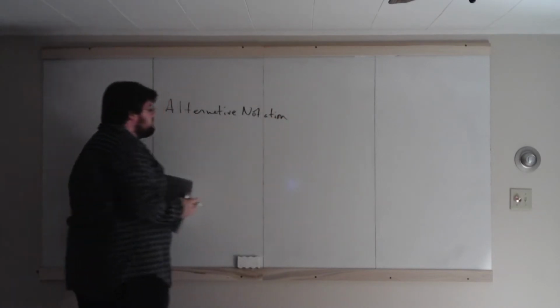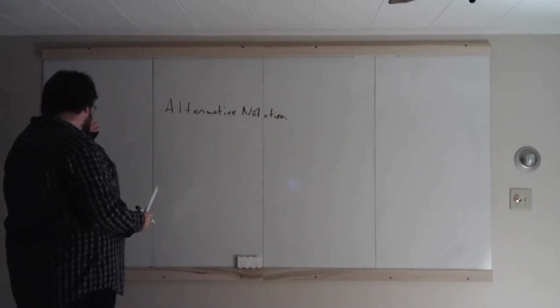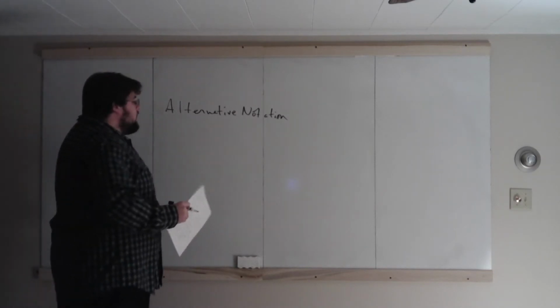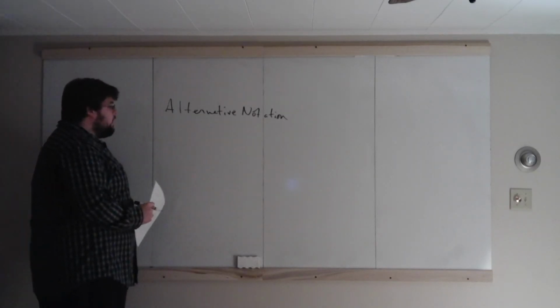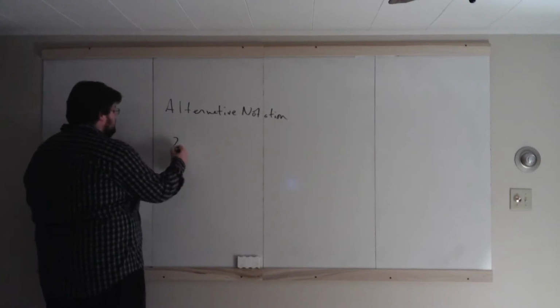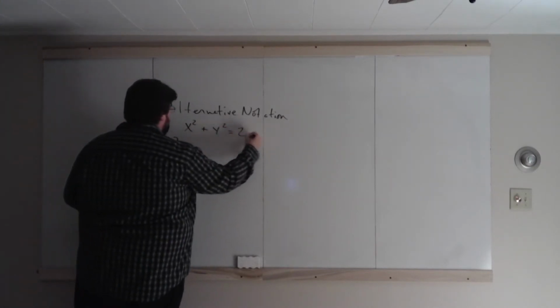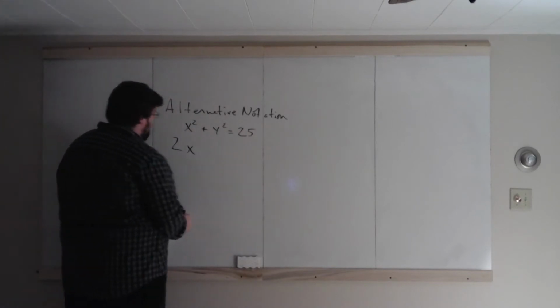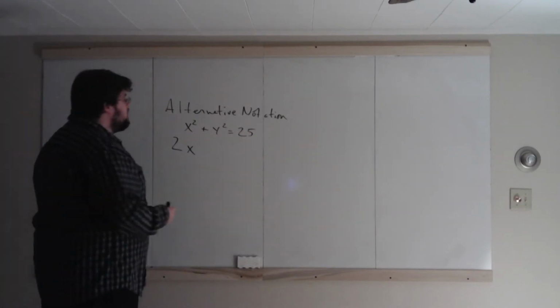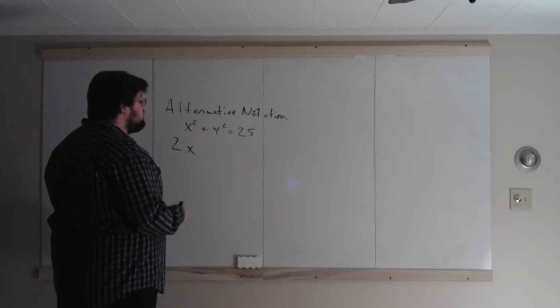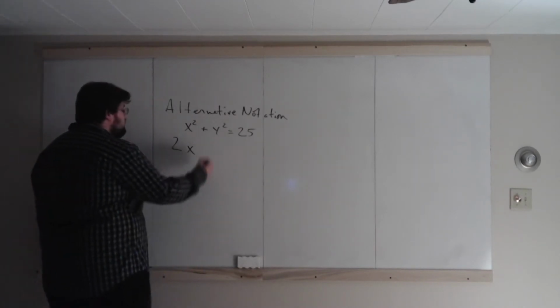I find that most Calc 1 students tend to prefer the alternative notation, I assume because it's less writing. When I took AP Calc and we did this, I also used the alternative notation, because it was less writing. But now that I teach it, I like the more writing method more. When I was taught it, I was taught with the more writing method.